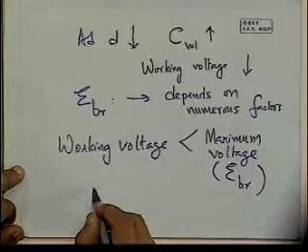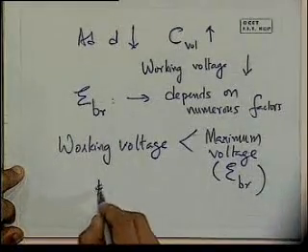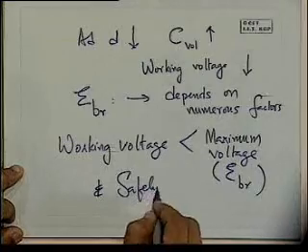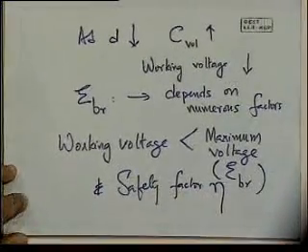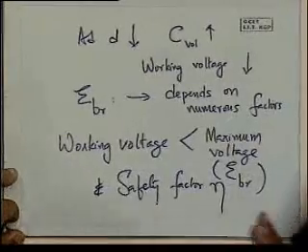So we use a safety factor, which I label as eta. So it's going to be a few times less, say two times less, or 1.5 less than the maximum voltage that we'll operate at.